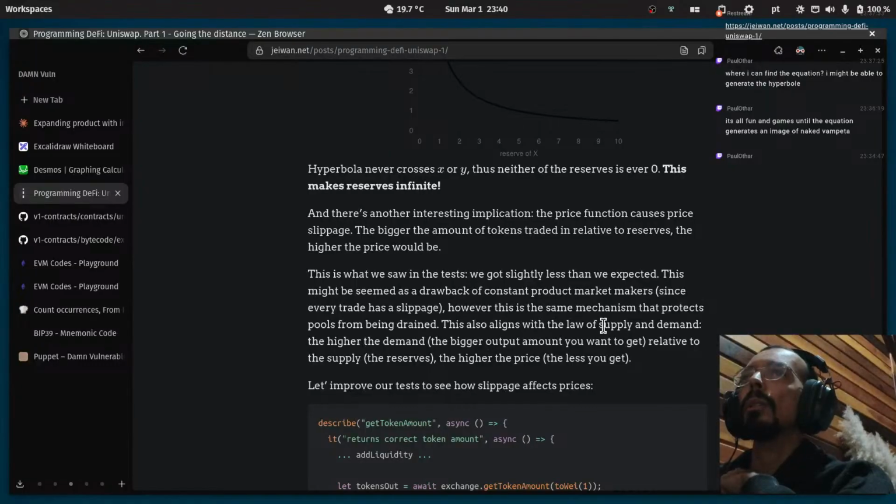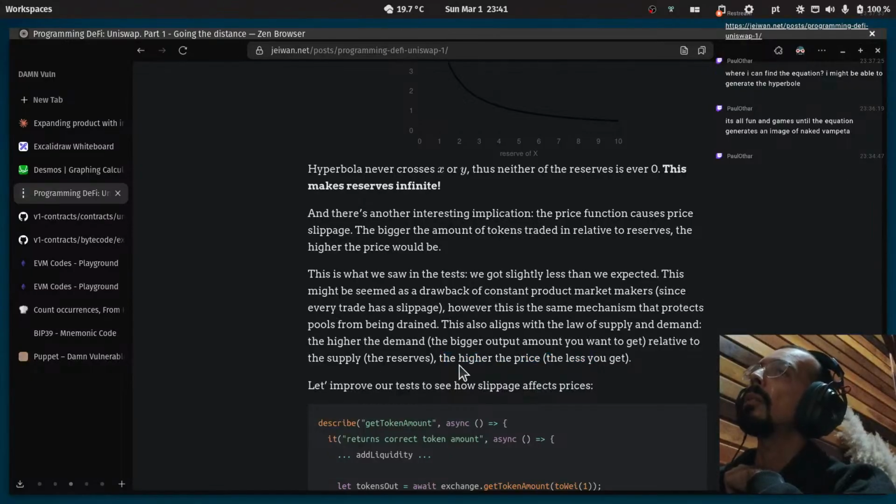In other words, if you want to take a lot of tokens against a small reserve... wait, is it small reserve or is it higher?